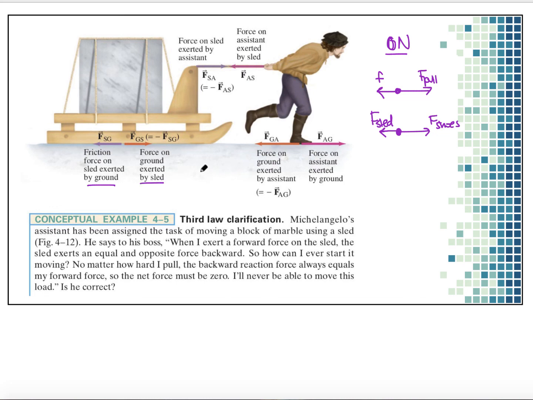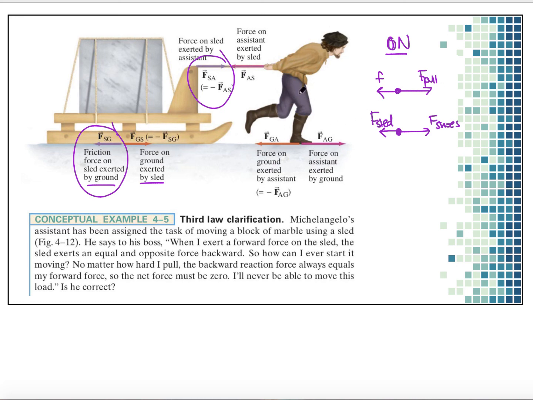But what's the difference here? Well, when we think about the forces on the sled, only one of these is acting on the sled. And in this case, we also have a force from the assistant acting on the sled. So these two forces are allowing us to move because those are the forces that are on the sled.